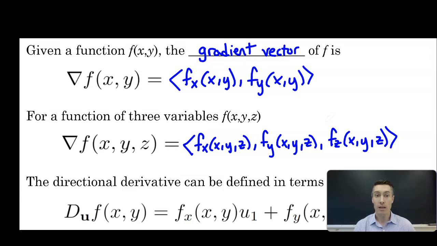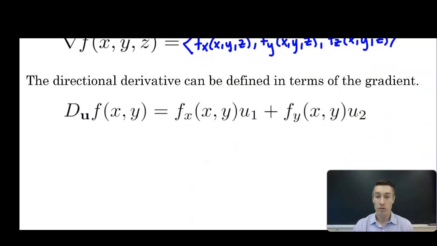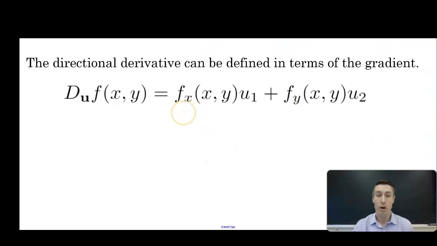And the gradient vector tells us a lot, and it's going to be really useful in different areas of this course. But right now, we're just focused on the directional derivative. So redefining the directional derivative, which we established was partial with respect to x times u1 plus partial with respect to y times u2. Well, the two partial derivatives can be reorganized into the form of a vector.